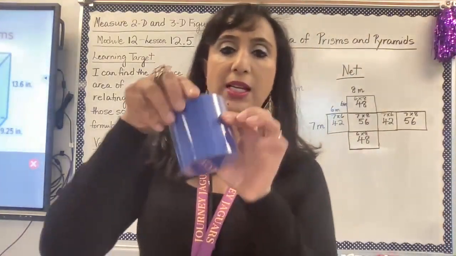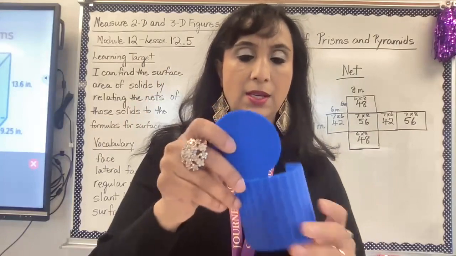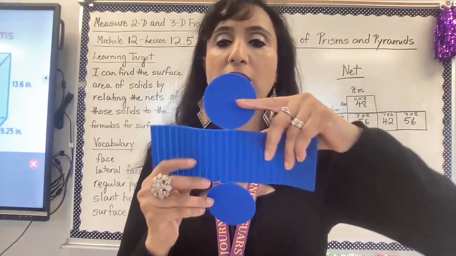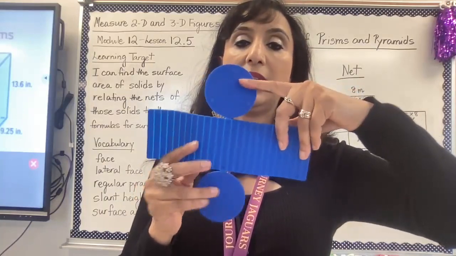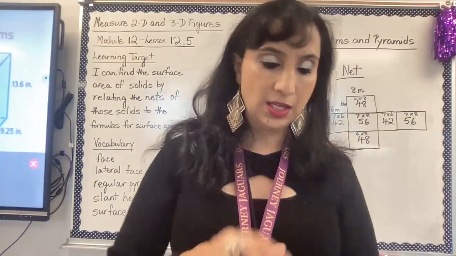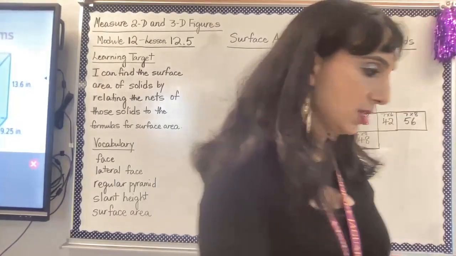This is a cylinder. If I open this, actually, it looks like a division sign, if you think of it. 1 rectangle, and then you have the 2 circles, right? And I'm going to show you 1 or 2 more.